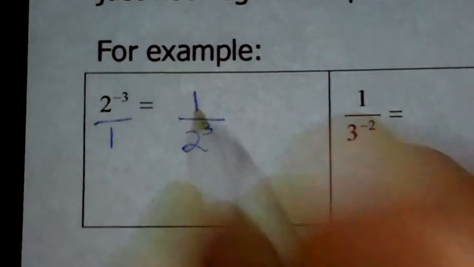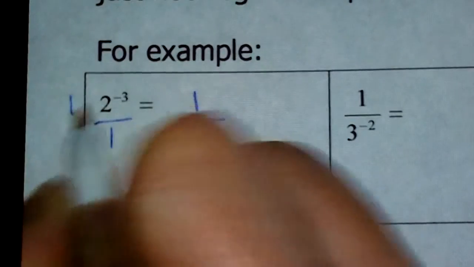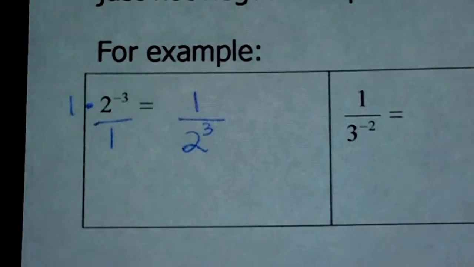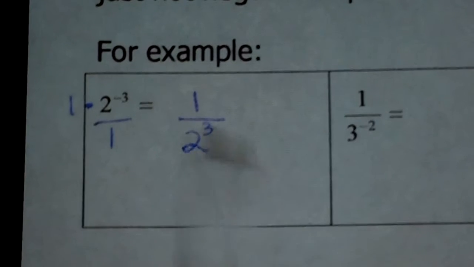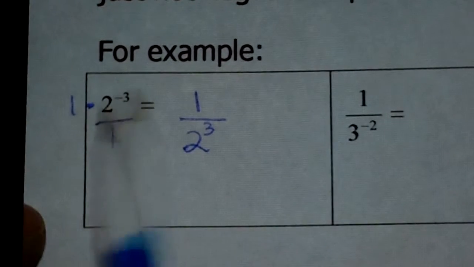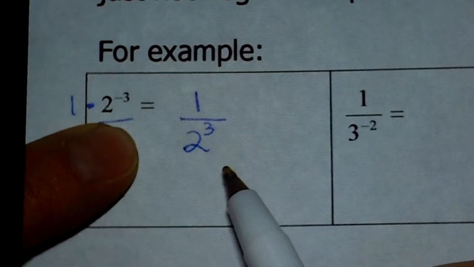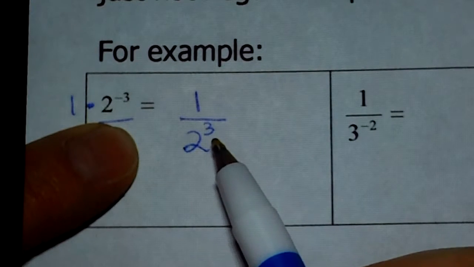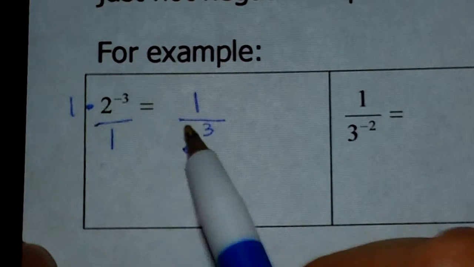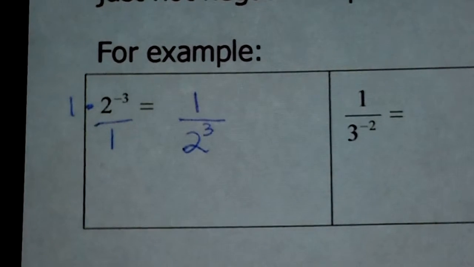There's really a 1 still there. There's a 1 as a placeholder, because I could write this as 1 times 2 to the negative third power. So basically, again, this 2 to the negative third power is in the numerator spot. I can push it to the denominator spot, and now my exponent has a positive value, and these are equal to one another. It's crazy how it works, but you saw with the patterns up there, it actually works.